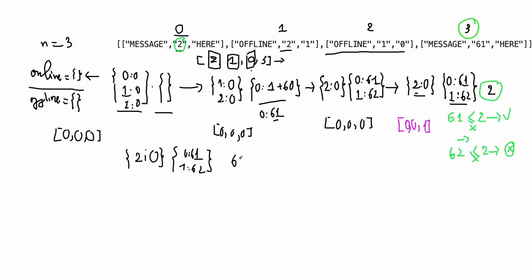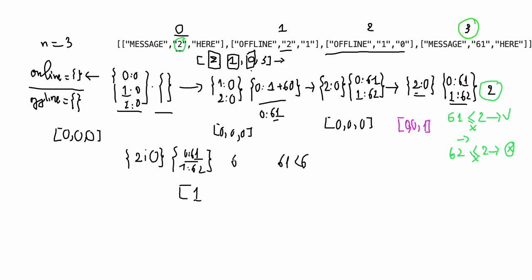For now the timestamp is 62, and then we can check that. Here we can see that 61 is smaller than 62, which means this one has already become active, so we can increment the count of the 0 by 1. Sorry, this is the 61.